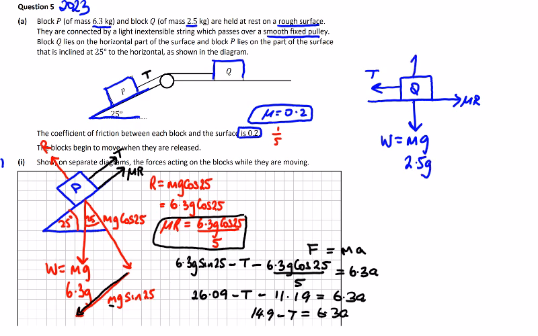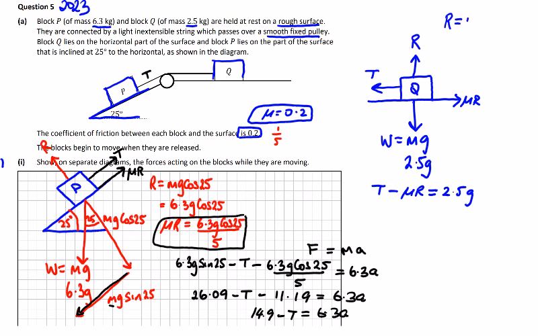So the equation here, it's going in the direction of T, so it's going to be T minus mu R equals ma, 2.5a.